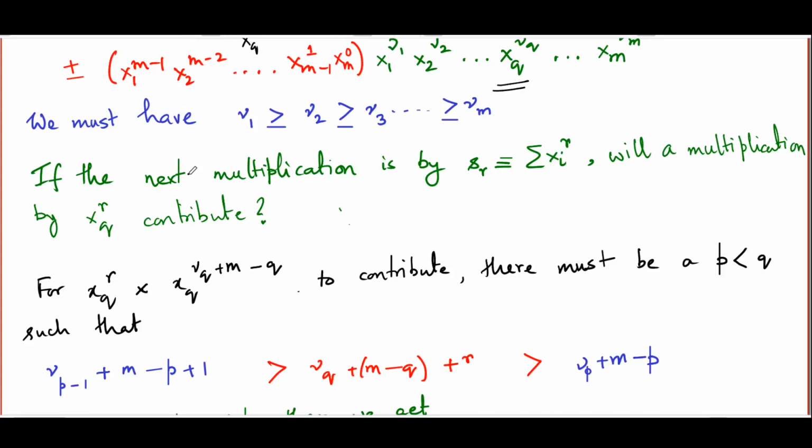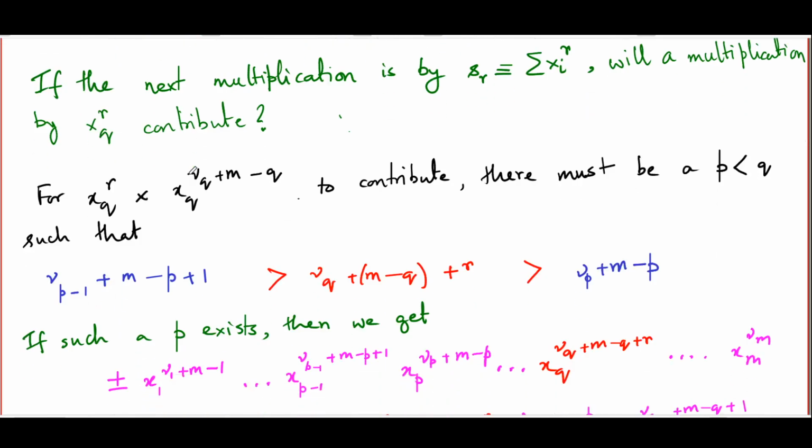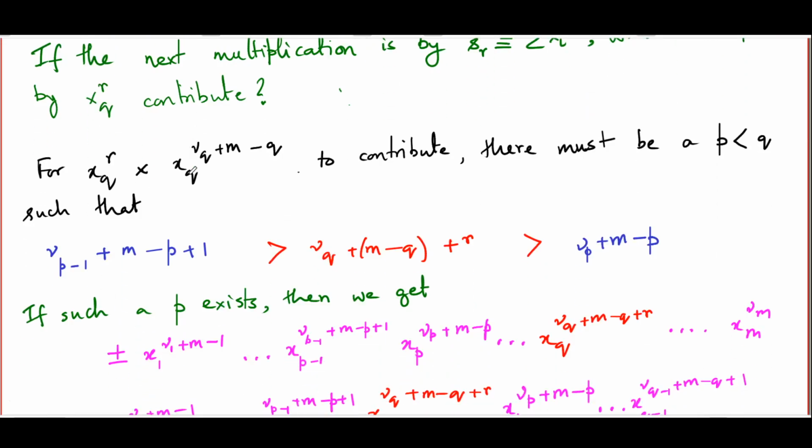Now, if such a p exists, then we have a contribution from this term, and the contribution simply will become the following. We are just going to end up multiplying x_q, which had a power of ν_q plus m minus q, by a further x_q to the r, and this is what is going to contribute.